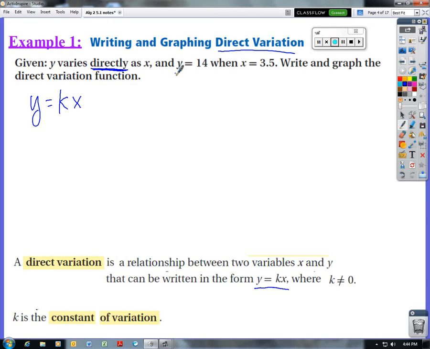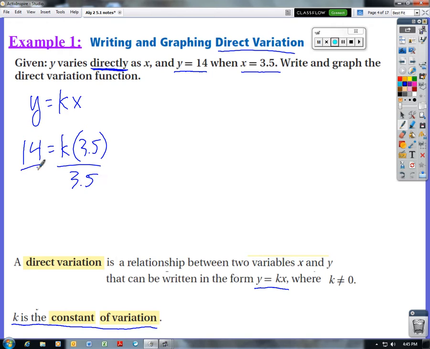And then it gives us these numbers. Y equals 14 when x equals 3.5, so let's plug those in. 14 equals k times 3.5, those are my y and x values. And then we've got to solve for k. And k, as you see down here, is the constant of variation. So to solve for k, I'm just going to divide both sides by 3.5.